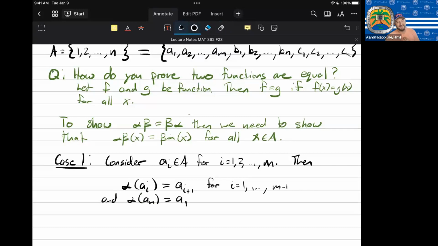If I happen to be the last element in my permutation, then it gets mapped back to A1. But the point is, if I'm choosing one of these little a's from my entire set of n numbers, then I'm just going to stay as one of these a's.